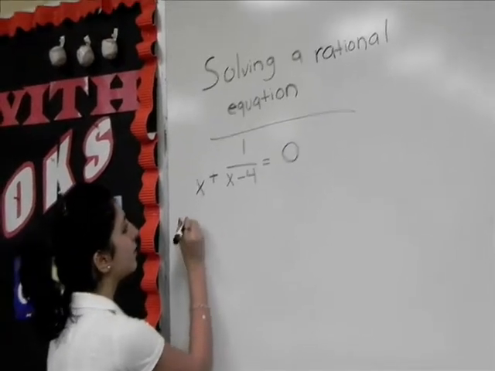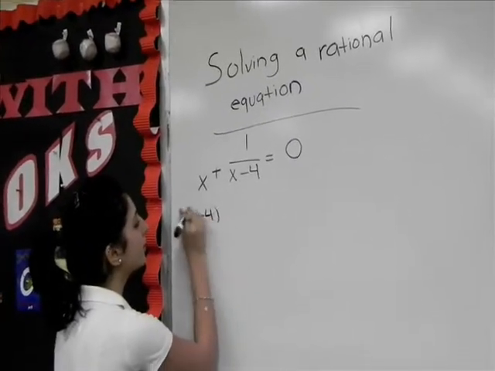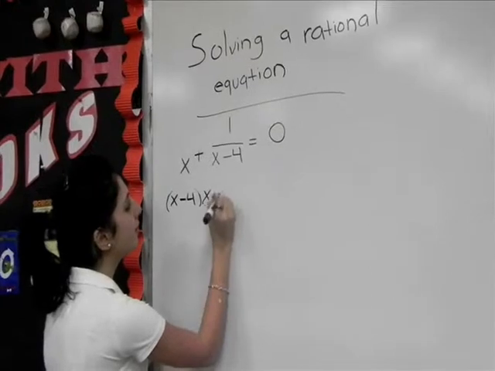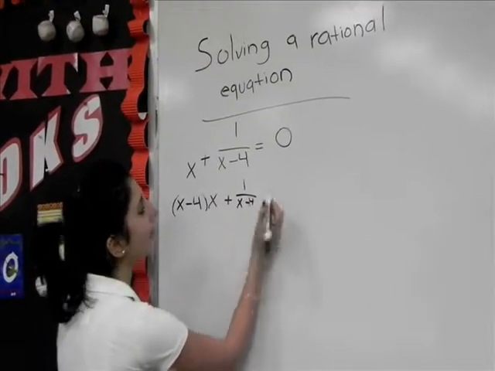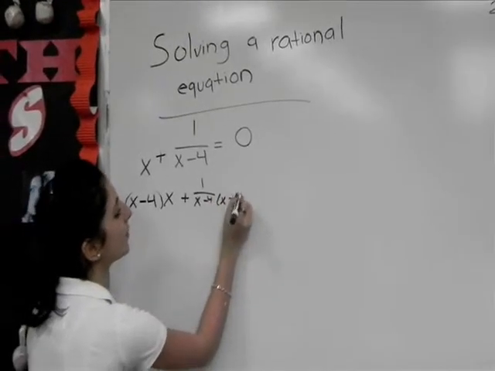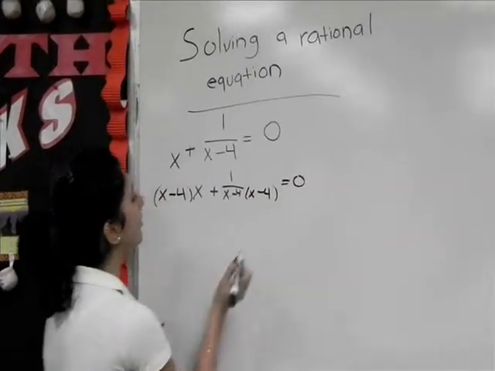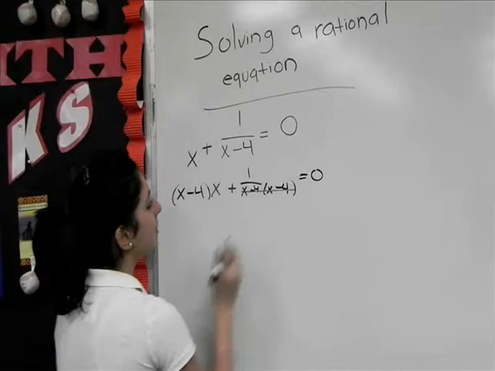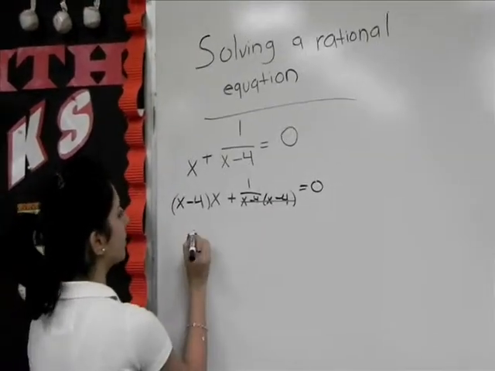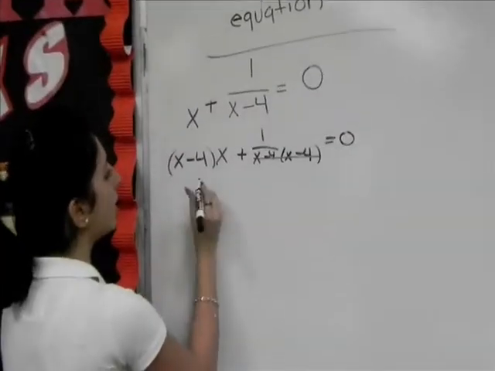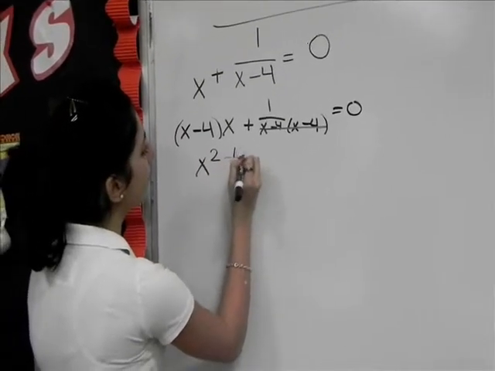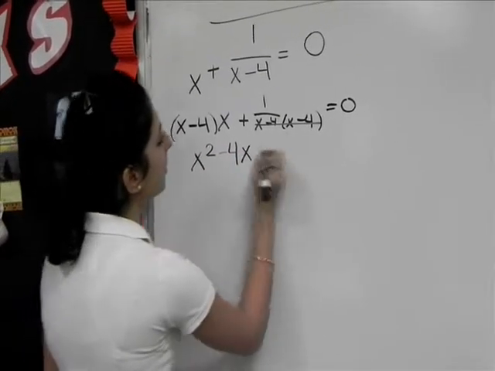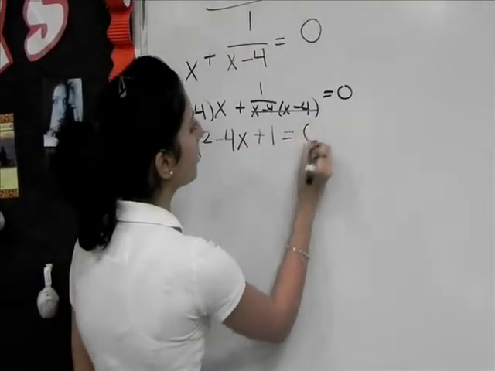And what you do is x minus 4, and you're multiplying x plus 1 over x minus 4, and you multiply x minus 4 equal to 0. And then this gets eliminated, this cancels out. Then what you do is distributive property, and it makes it x squared minus 4x plus 1 equals 0.